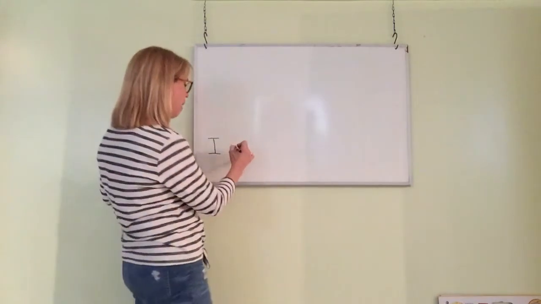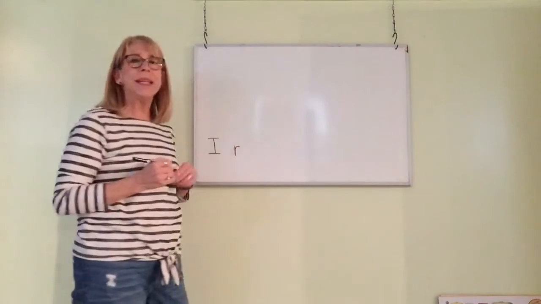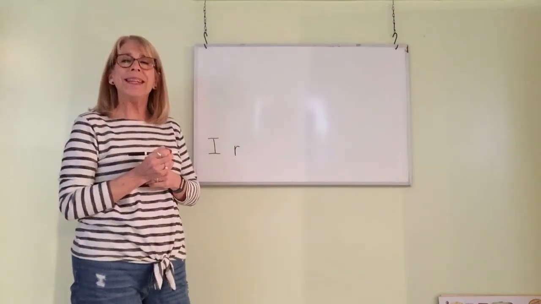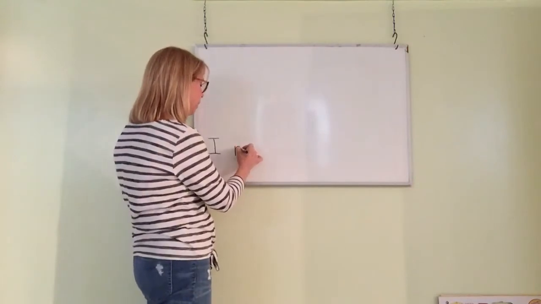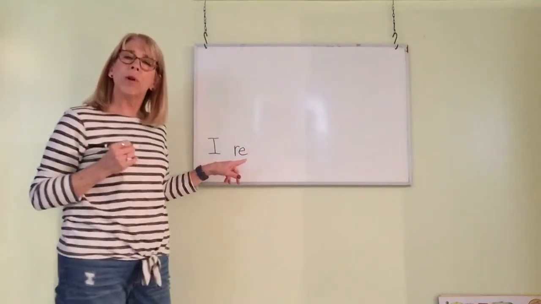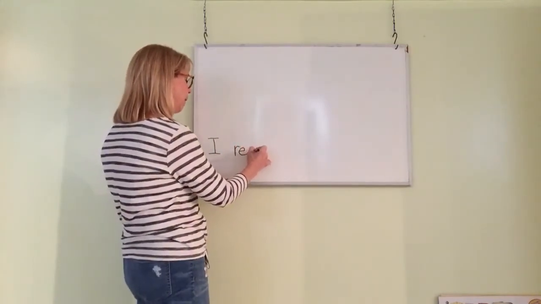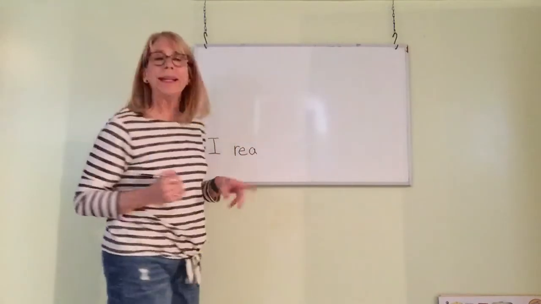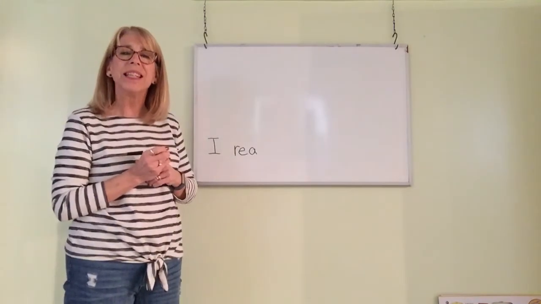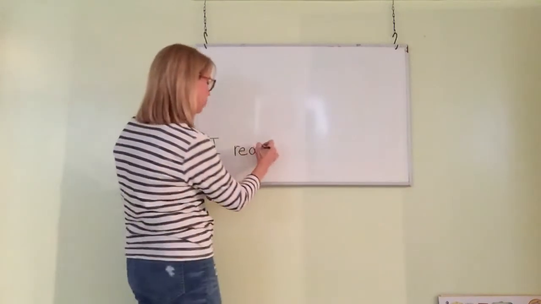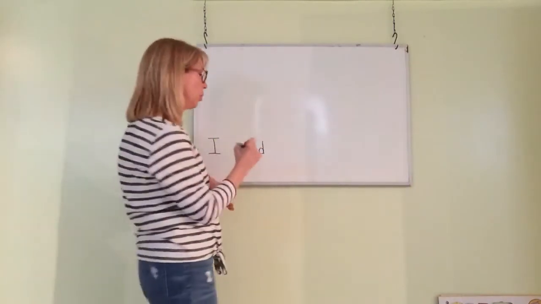So I know that word starts with an R. Read. E. Re-E. I hear an E. Okay, now the word read has an extra vowel here to help that E. I read. What's the last sound you hear in the word read? I hear the D.